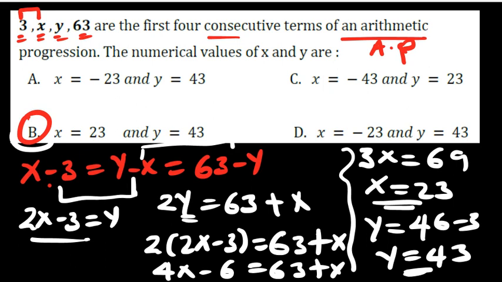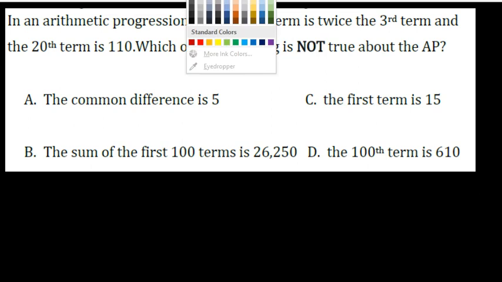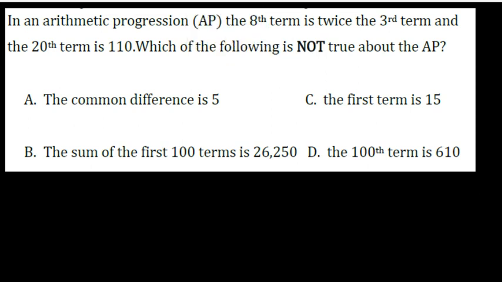Okay, let's continue to the next question. The next question is also still about sequences. It says in an arithmetic progression, the eighth term, this is a8, is twice the third term. We need to construct one equation here.